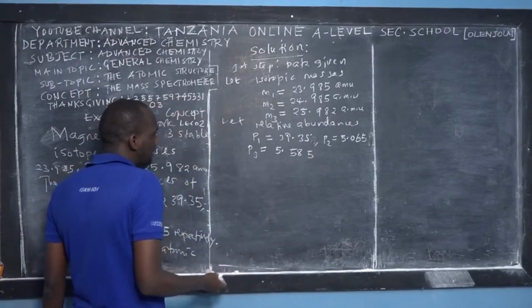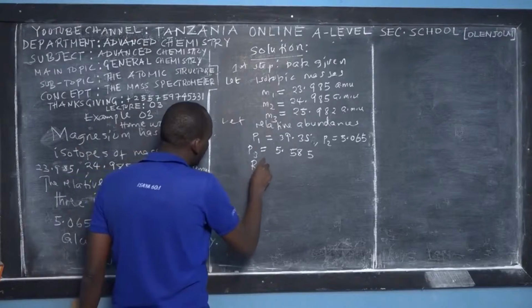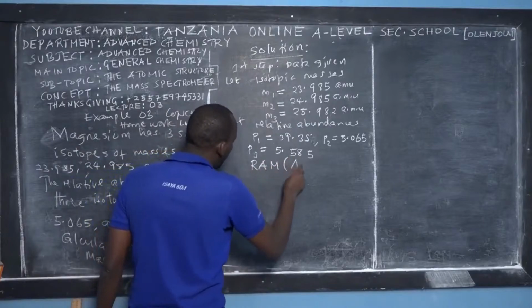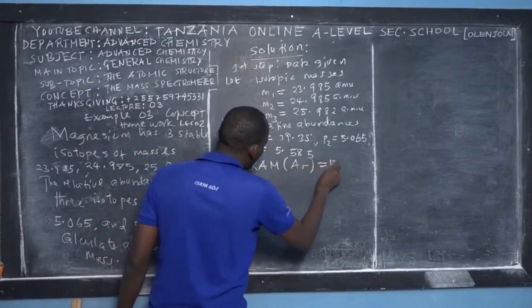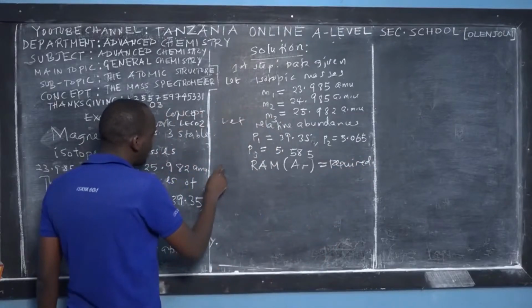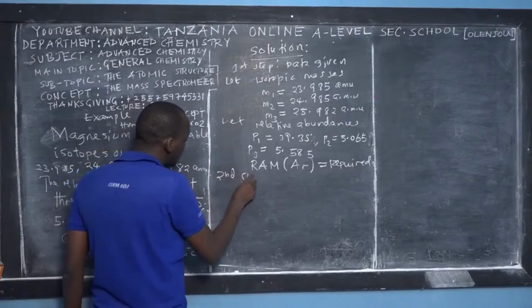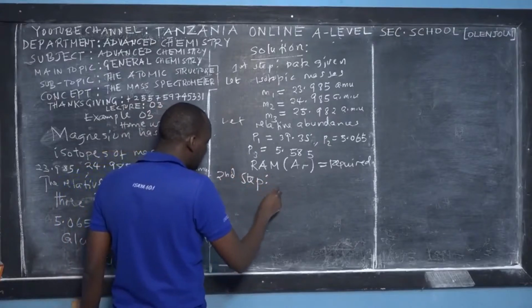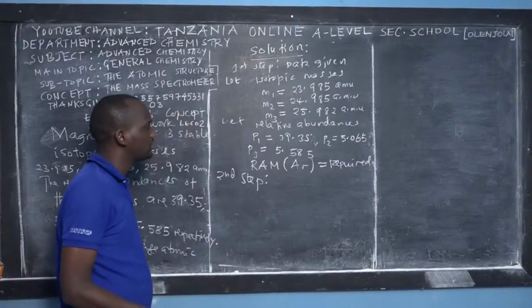These are the data that will be given. What are we looking for? We are looking for the relative atomic mass, which is what is required. Before the second step, we have to recall which formula to use.